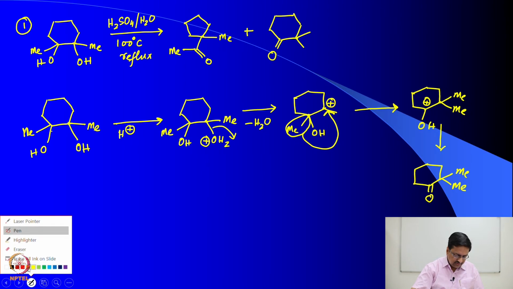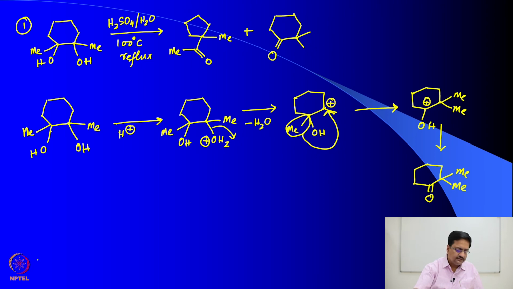The other possibility of this reaction is the movement of this group, which is the larger group, from this carbon to the carbocation site. As a result of this movement, the size of the ring will be reduced.